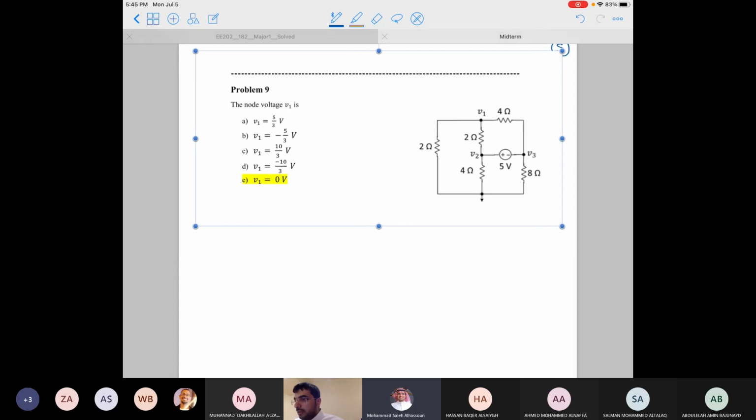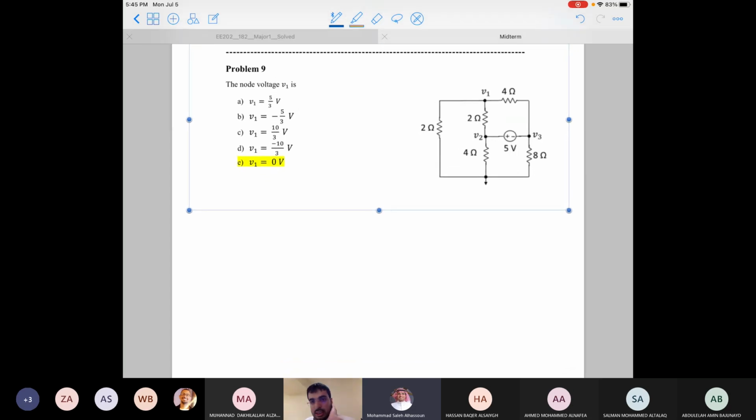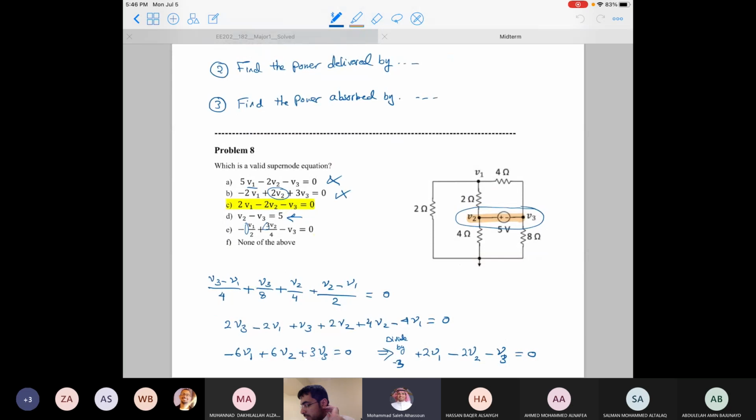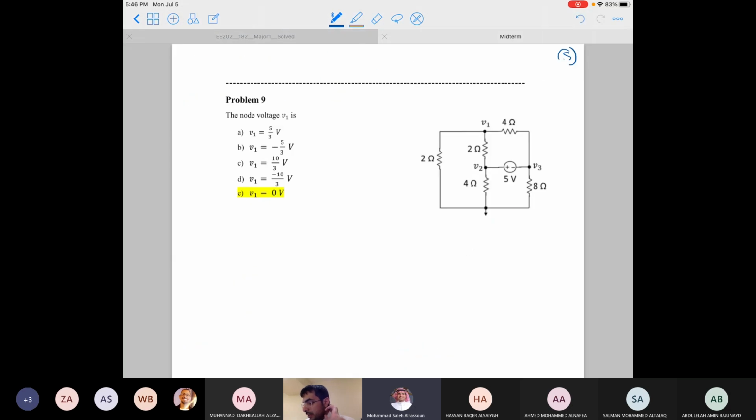From the previous analysis, we need to apply the node voltage method. It's the same circuit, so we can carry the same analysis from the previous case. We have one equation here, which is 2v1 minus 2 minus 2v2 minus v3. So this is going to be our first equation.